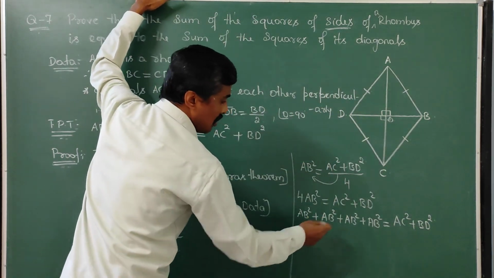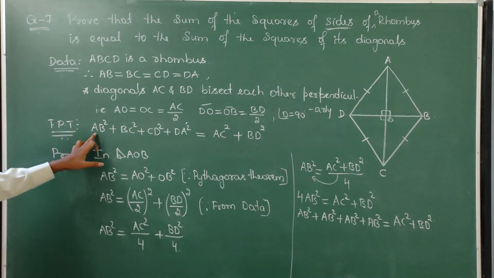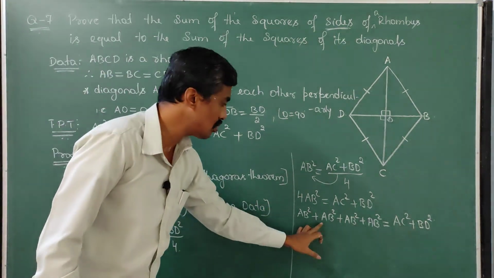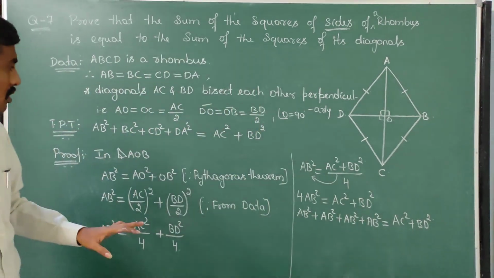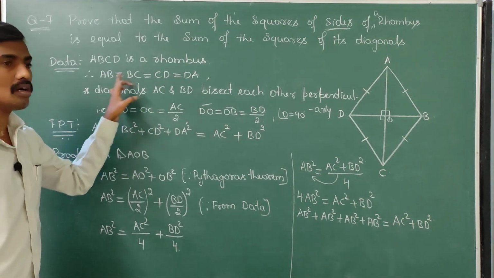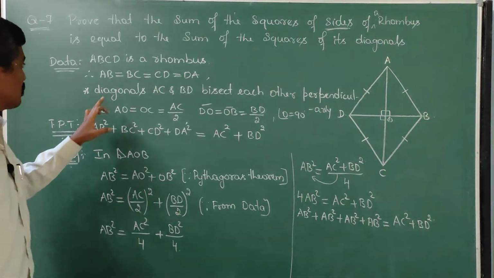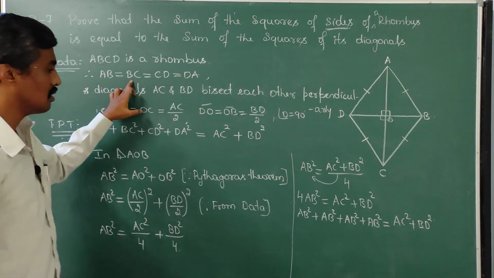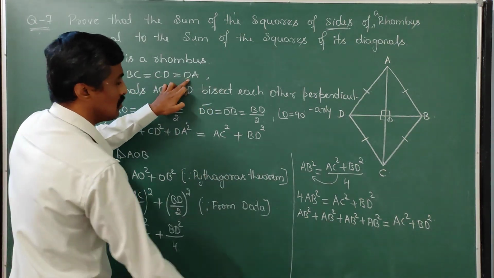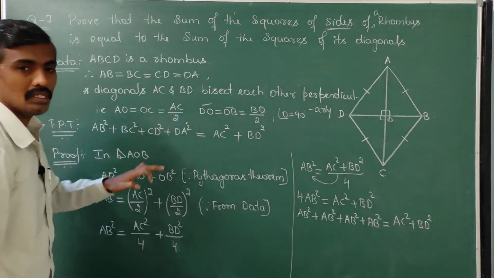Next, we know that what we have to prove is AB square plus BC square plus CD square plus DA square, correct? So AB square we got, so you don't want the other 3 AB squares, correct? But we know that AB is equal to BC is equal to CD is equal to DA, all 4 sides are equal. Therefore instead of AB I will write the second AB as BC, the third AB as CD, and the fourth AB square as DA square.